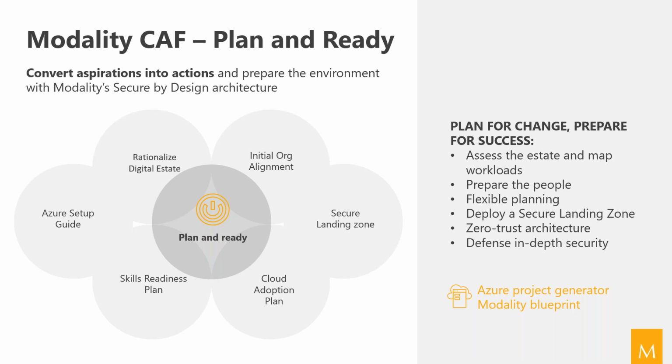Today we'll look at rationalizing the digital estate; organization alignment, so aligning governance and cloud adoption to mitigate the risks; a skills readiness plan, getting your people ready, identifying skills gaps, or partnering with a Microsoft CSP like Modality; and a cloud adoption plan, which will create an actionable adoption plan that aligns to your business strategy.